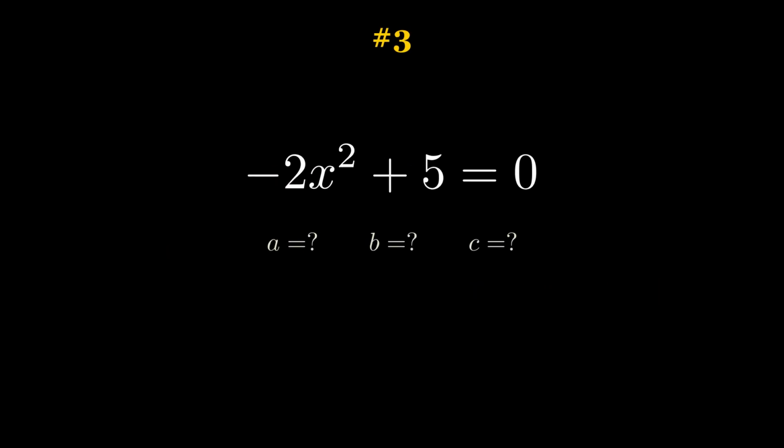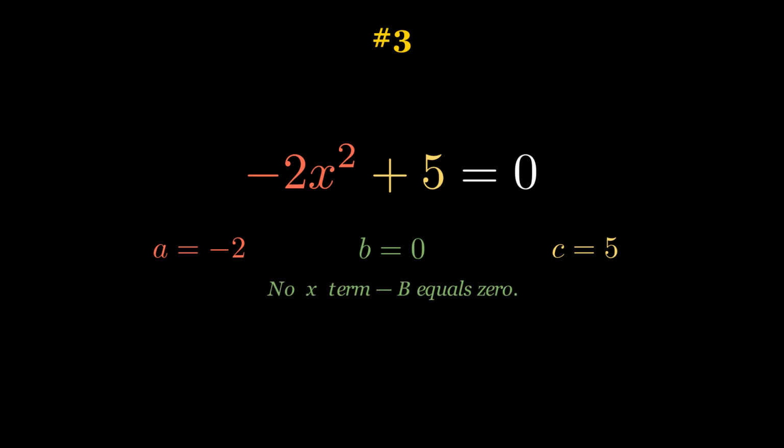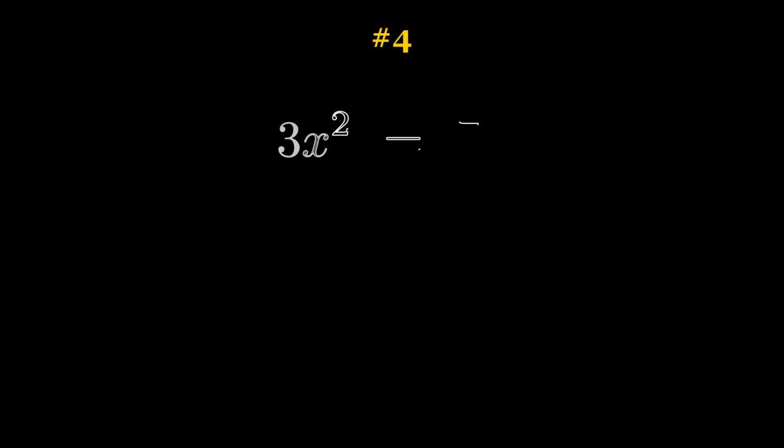Number 3. Negative 2x squared plus 5 equals 0. Number 4. 3x squared equals 7x.